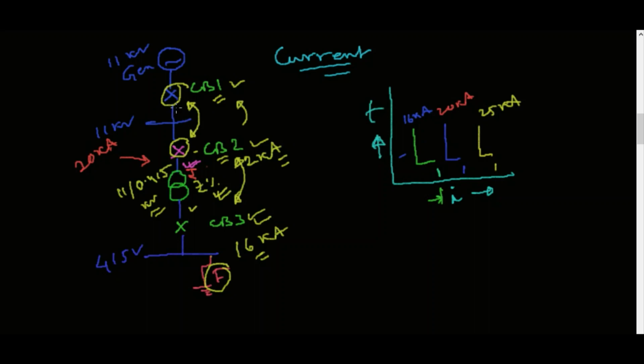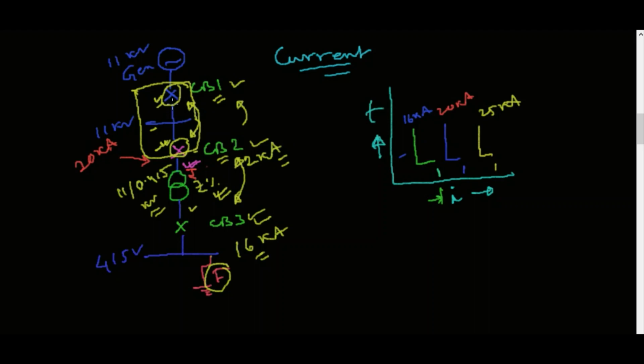But if you look at this point, suppose for this generator breaker and here the 11 kV outgoing circuit breaker, if we want to coordinate these two circuit breakers, there is not much difference in the fault current. Whatever fault current this circuit breaker or relay sees here, almost the same fault current will be seen by this breaker as well, because this is the 11 kV switchboard.